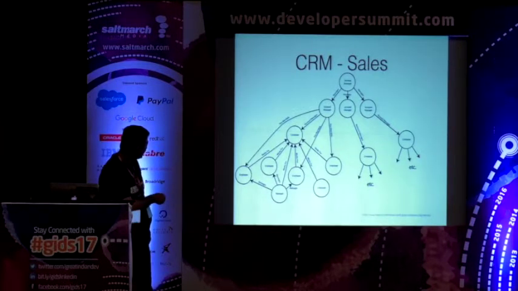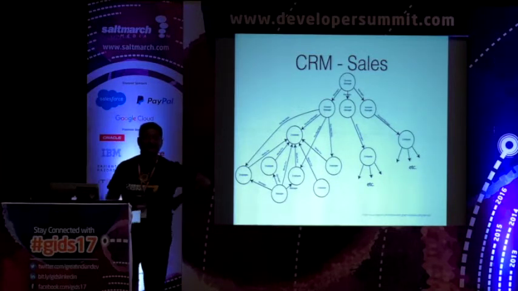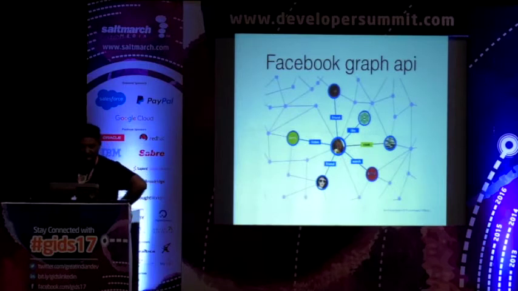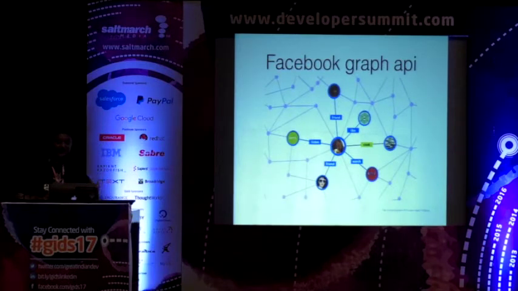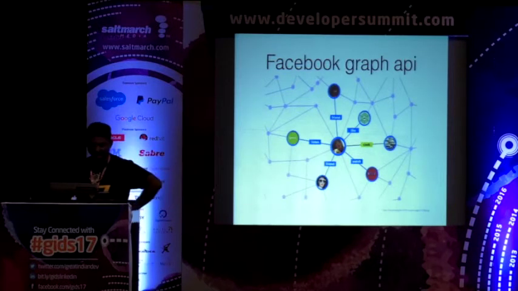The employee works for this particular company. This hierarchy you can create for your own CRM, and you can query based on that hierarchy, which is really good. I would recommend you also look at Facebook Graph API, which is becoming very popular with time.